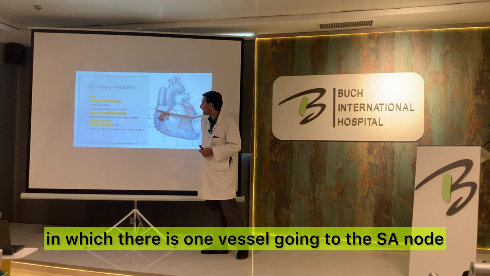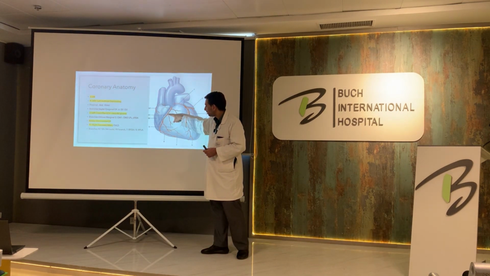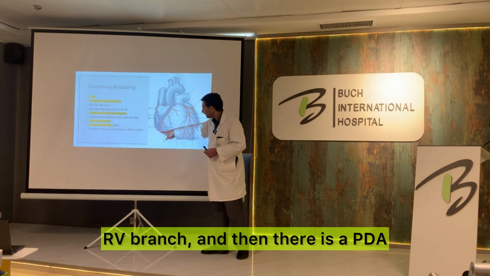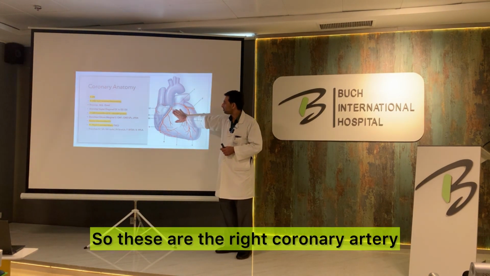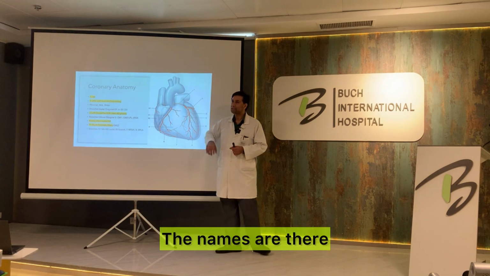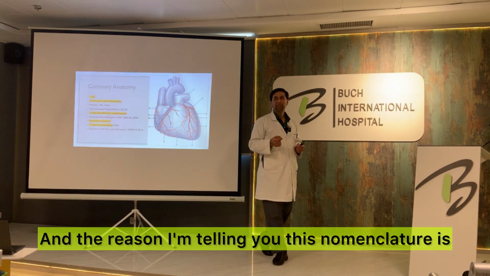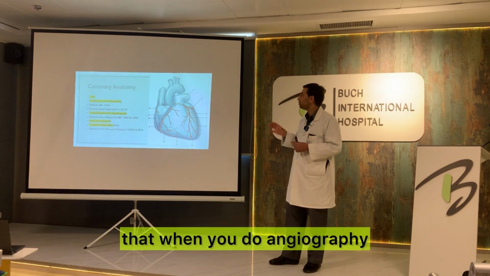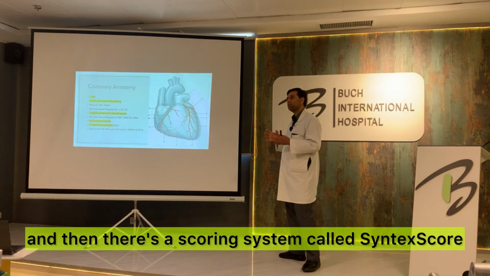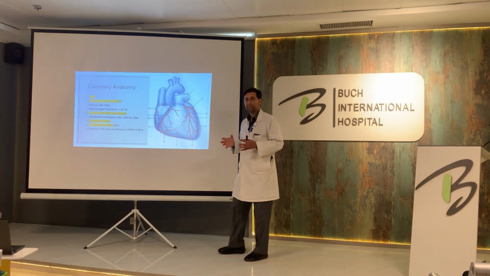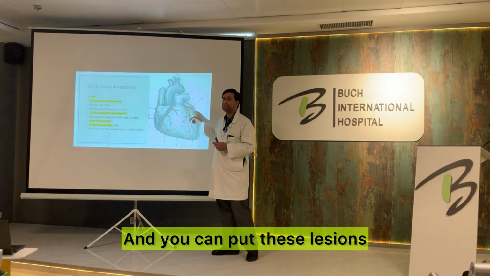Then there is the right coronary artery, in which there is one vessel going to the SA node, AV node, RV branch, and then there is a PDA, which goes to the bottom of the heart, and RPLA. So these are the right coronary artery branches. The reason I'm telling you this nomenclature is that when you do angiography, we'll look at these vessels. Then there's a scoring system called the syntax score.